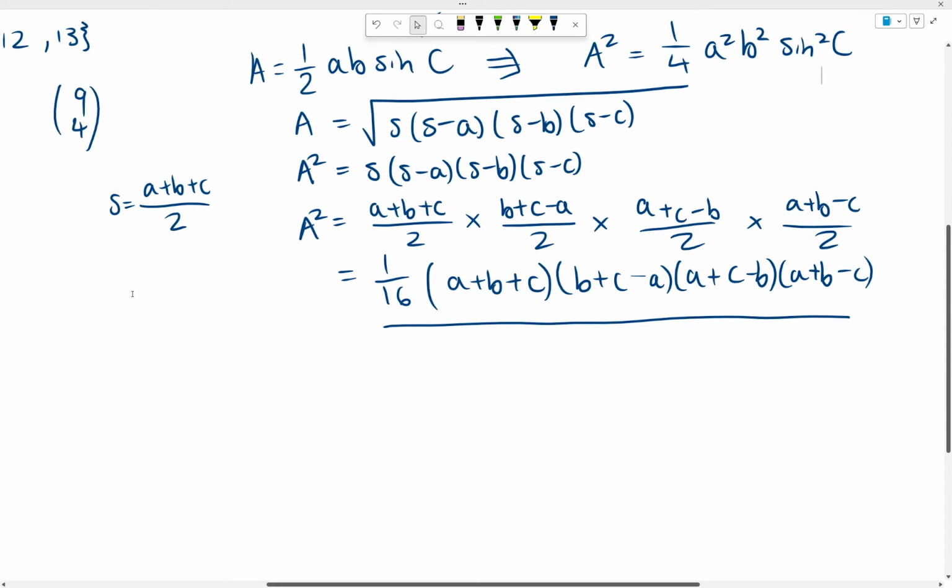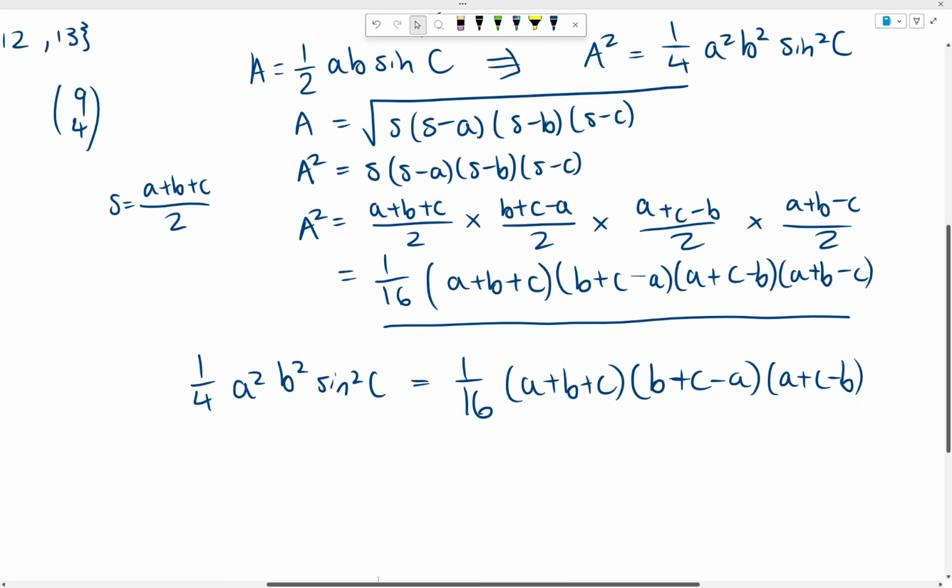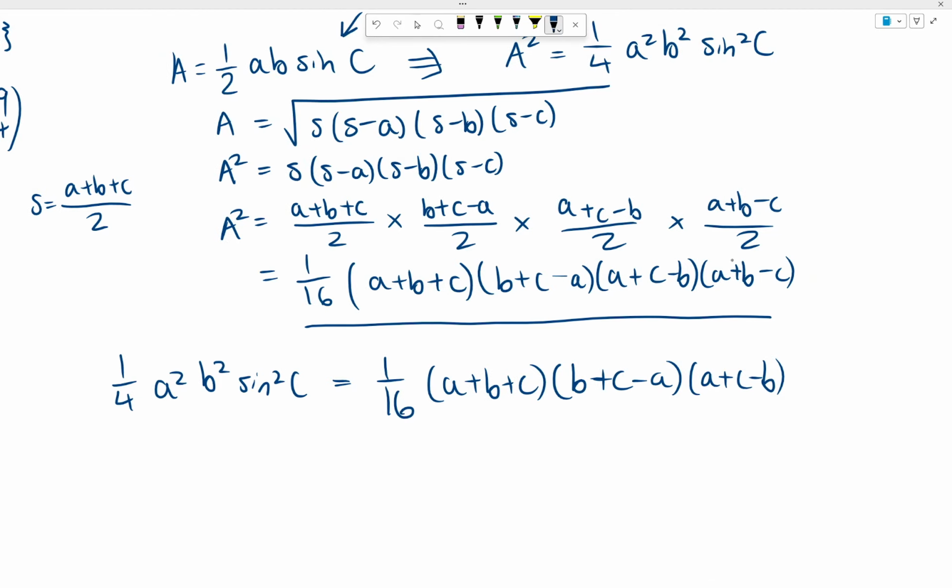So therefore we get that 1 over 4 a squared b squared sine squared c is equal to 1 over 16 times (a plus b plus c) times (b plus c minus a) times (a plus c minus b) times (a plus b minus c).